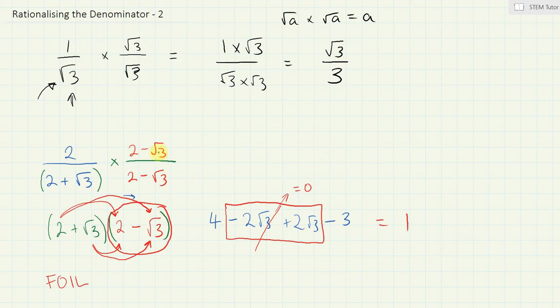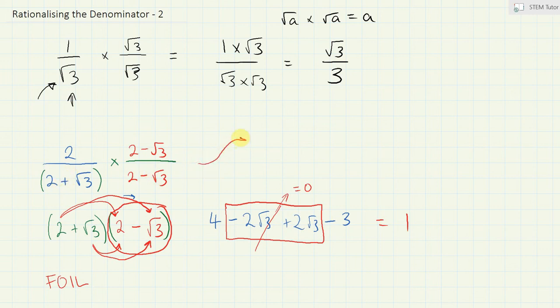So this is still 1. All we have done is copy this denominator, but change the sign in front of the root term. If this was minus, this would be plus, but in this case this is positive, so this is negative.